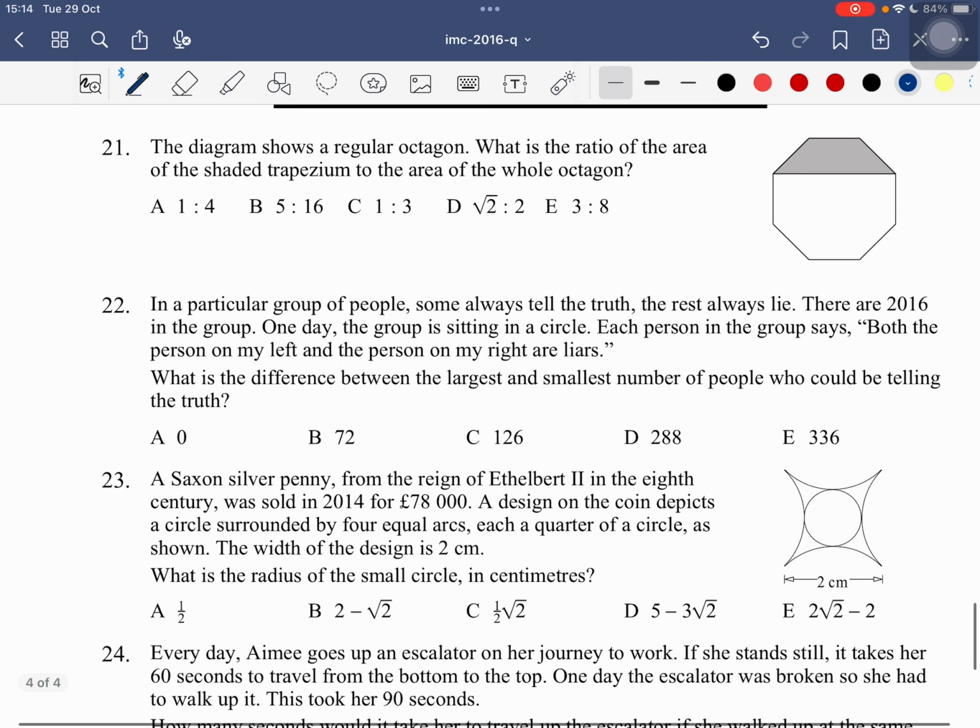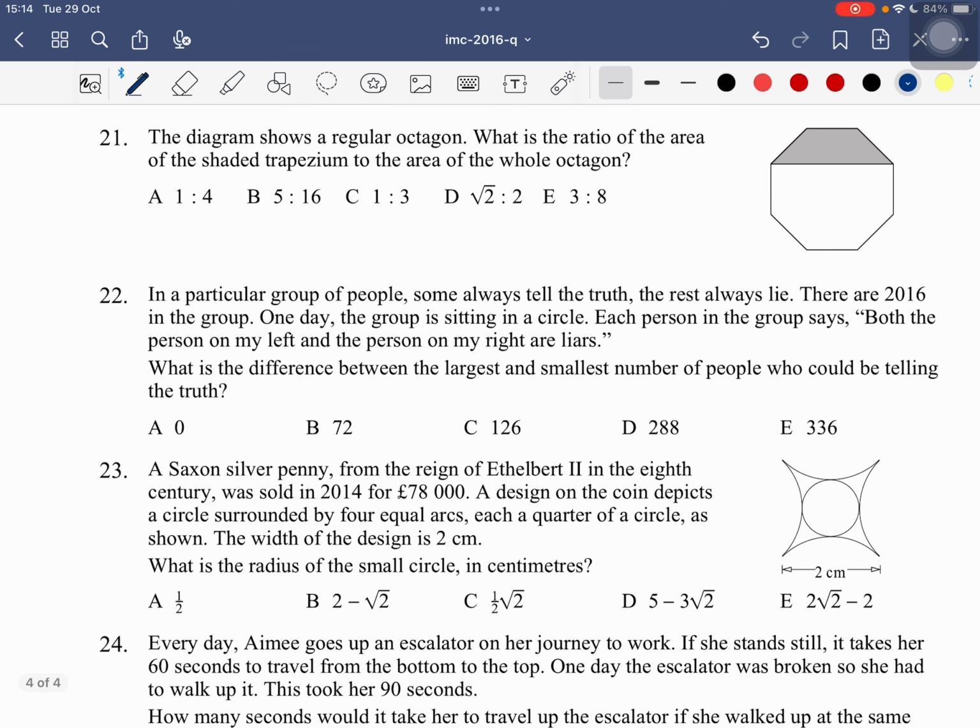Number 21. Regular octagon. Ratio of the area of the shaded trapezium to the area of the whole octagon. Okay. Because this is an octagon and we have 8 external angles, the sum of external angles for this polygon is always 360 over 8. So now we can say this is 45. Here is 45.